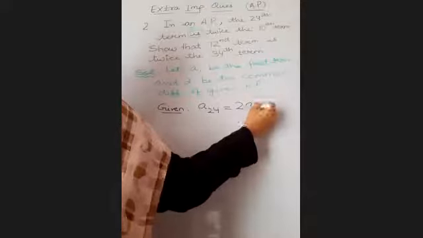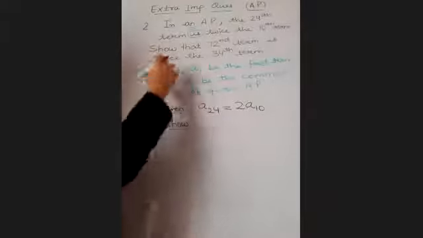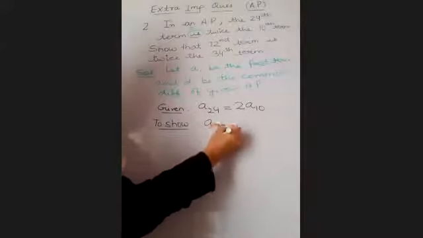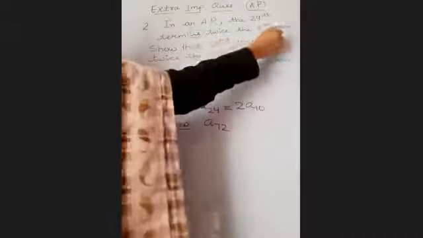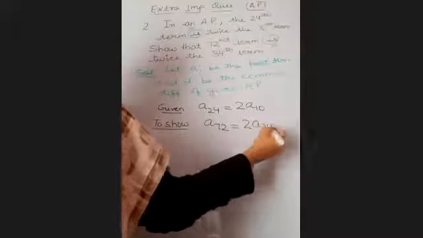And what do we have to show? 72nd term, A72, is equal to twice the 34th term, 2 times A34.